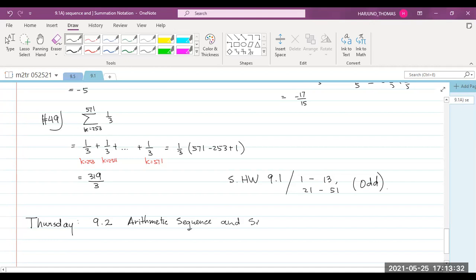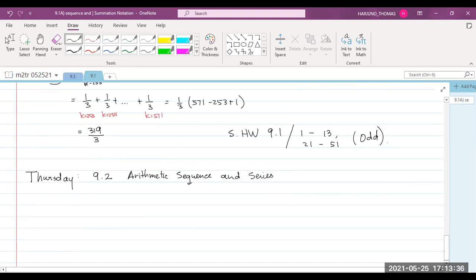A sequence is arithmetic if it has a common difference. Arithmetic sequences have this pattern.